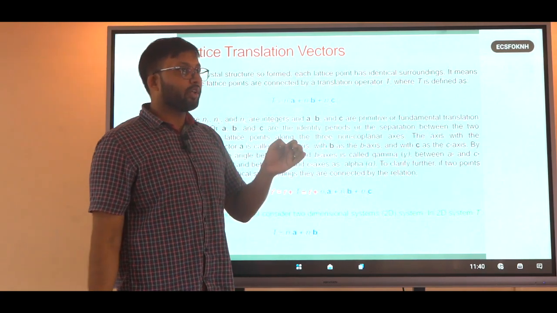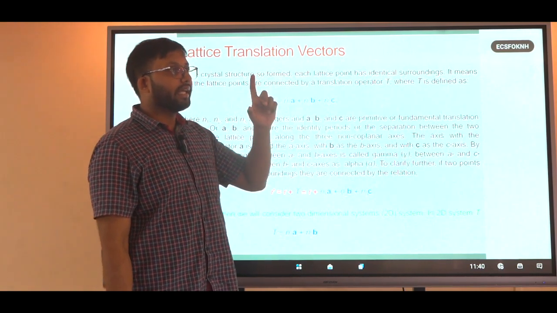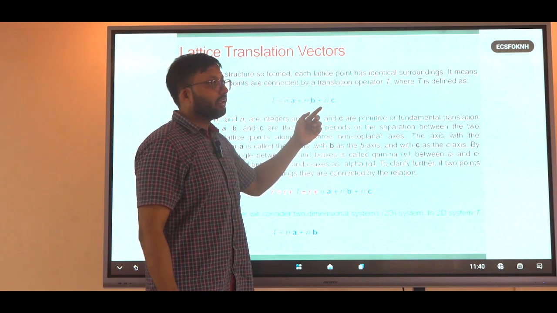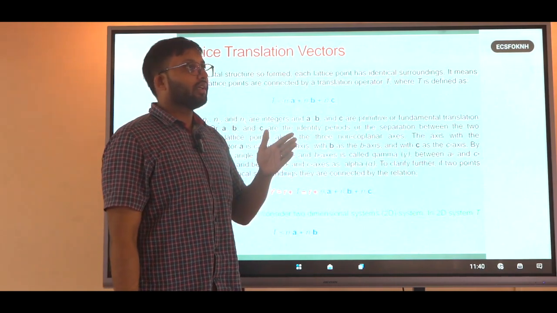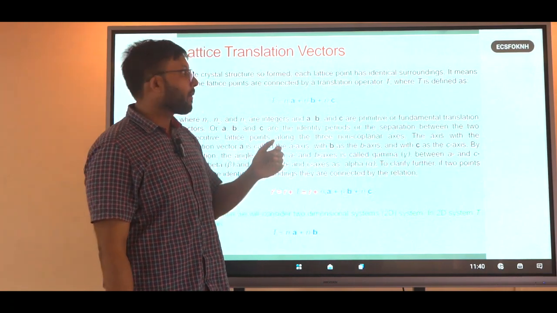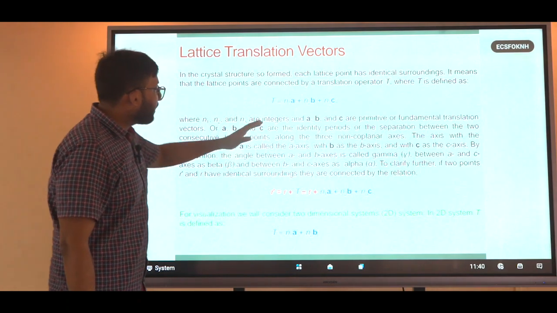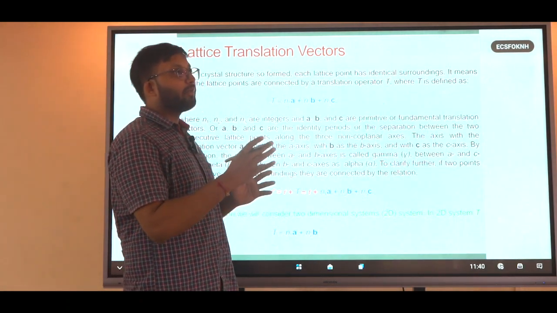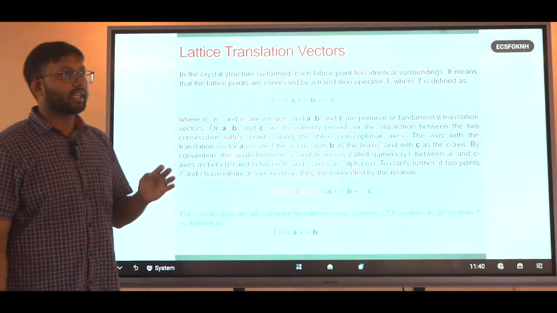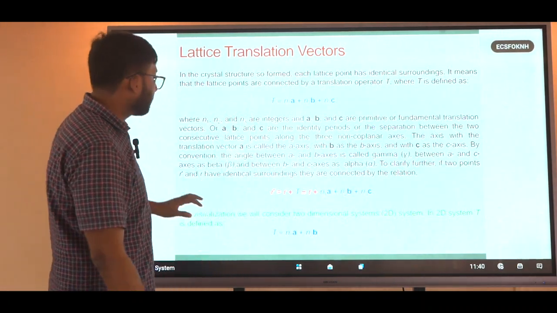In y direction, the minimum distance between 2 lattice points, I can consider to be b vector, and c vector I can consider in the z direction, where the minimum distance between 2 lattice points will be c vector. On that basis, with the help of these 3 fundamental vectors, I can move from one point to any point within the lattice.